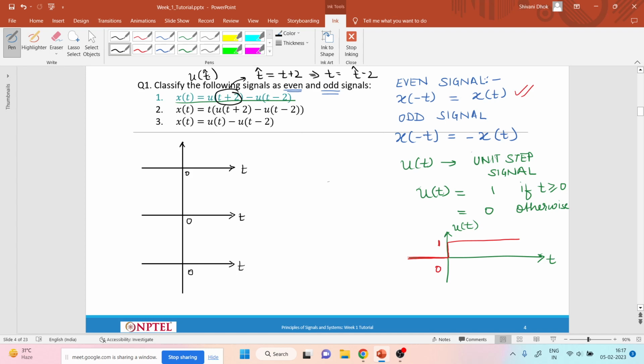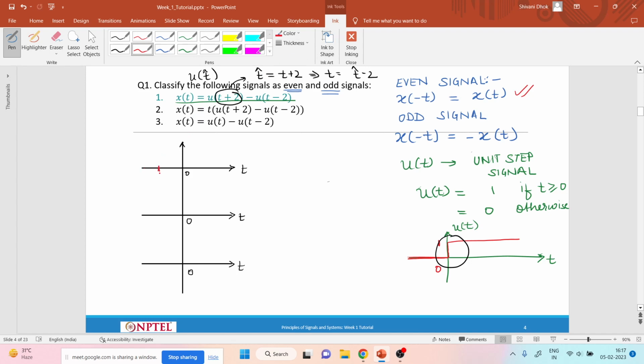If my t hat is equal to 0, then what will be my t? t will be minus 2. So whatever was present at 0 will be shifted to minus 2. So basically we are just shifting this signal by 2 units leftwards.